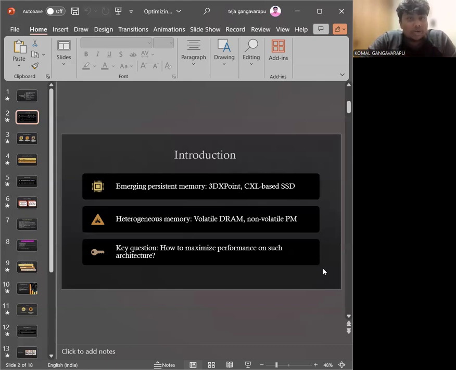Volatile DRAM is renowned for high speed, but it loses data when power is off. While having two forms of memory in one system opens up possibilities of optimization, it also introduces complexity in memory management and data access patterns. So heterogeneous memory means volatile DRAM and non-volatile persistent memories. Coming to the next slide.